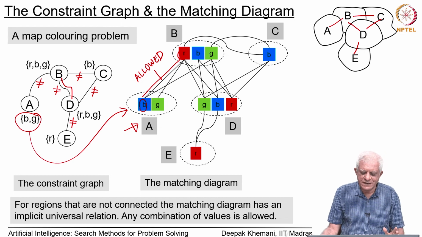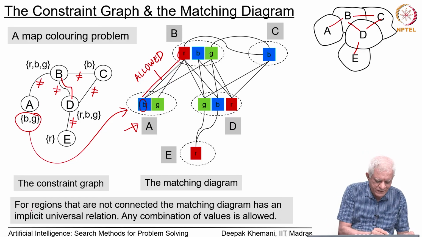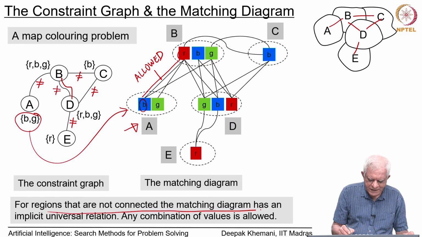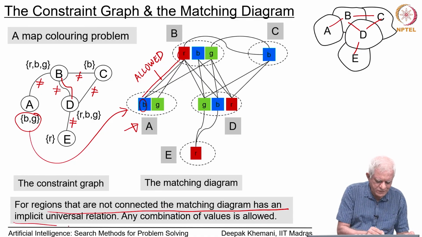In the matching diagram, that translates to saying that any combination of values is allowed. So, for regions that are not connected, the matching diagram has an implicit universal relation.